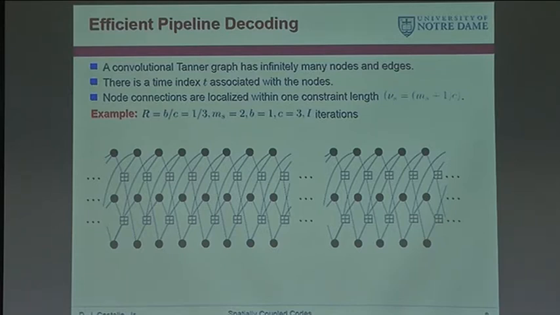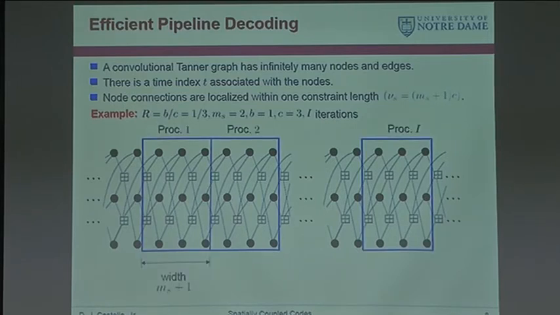But the node connections, because of the convolutional structure, are localized within one constraint length. And this again is an example of a rate 1/3 code with memory 2. And the original decoding idea that appeared in the original paper that we talked about was a decoding architecture designed for high-speed parallel operation.